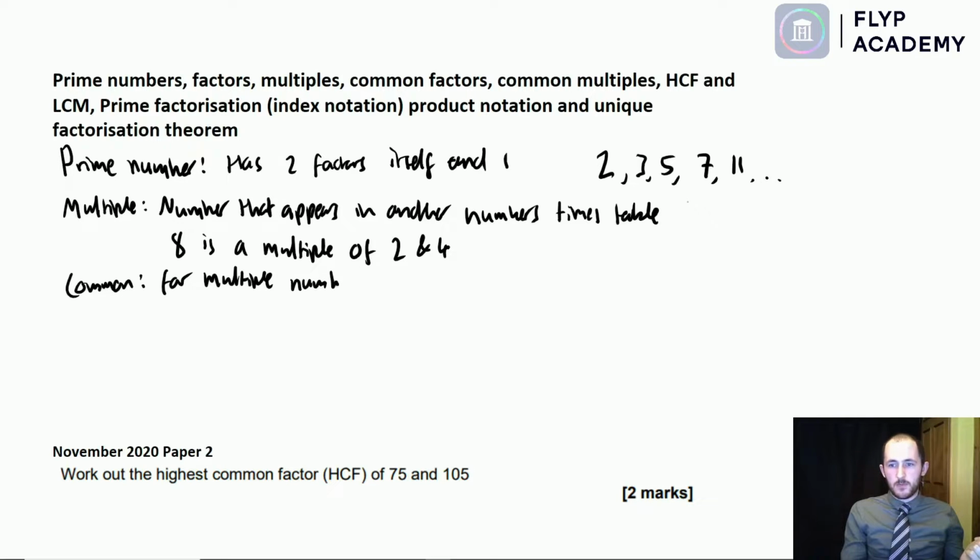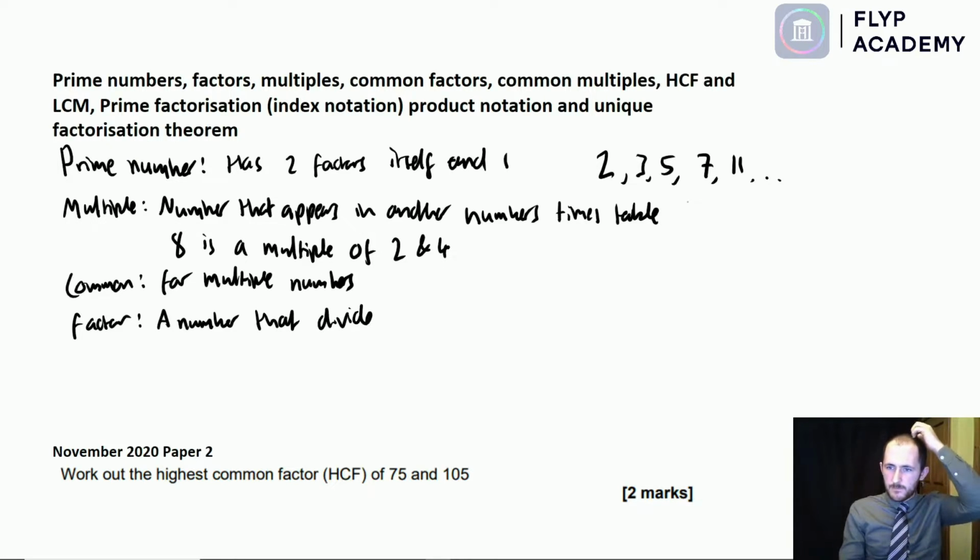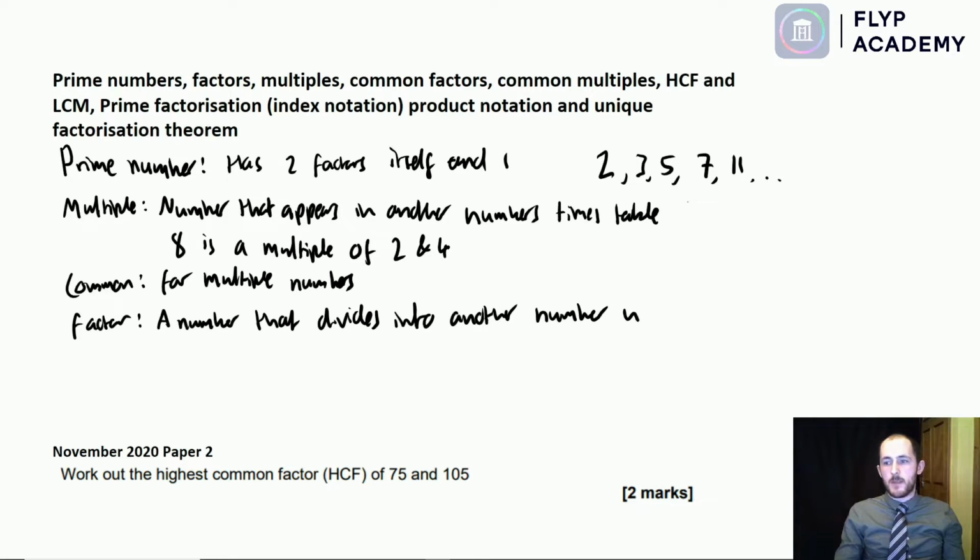So for example, a common multiple of 2 and 4 would be 8 and 16, because 8 and 16 appear in both the 2 and 4 times tables. With a factor, which is something we haven't gone through yet, it's a number that divides into another number without a remainder.